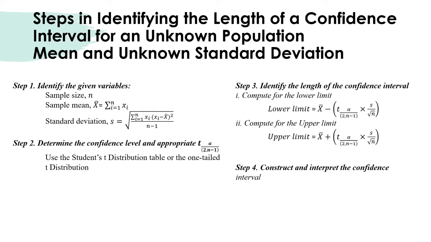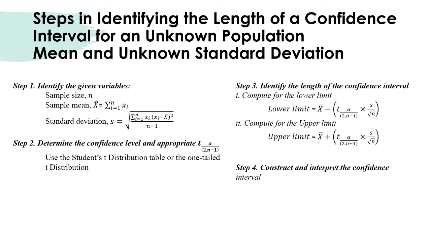Step 2. Determine the confidence level and compute t sub alpha over the quantity of 2 and n minus 1. We will use the standard t distribution table or the one-tailed t distribution. Step 3. Identify the length of the confidence interval.